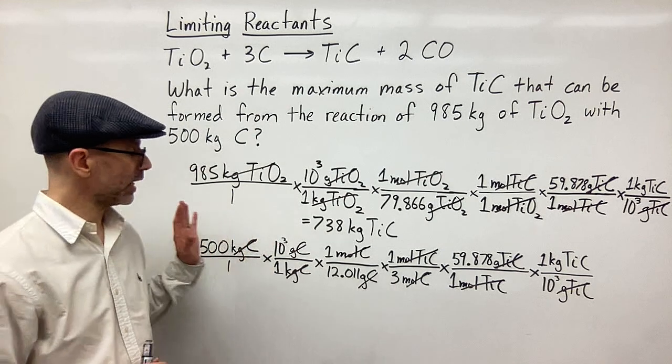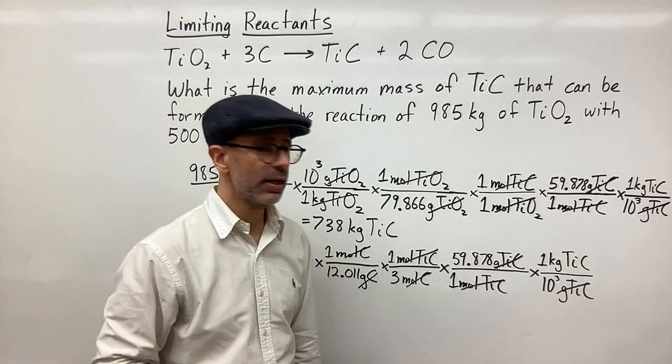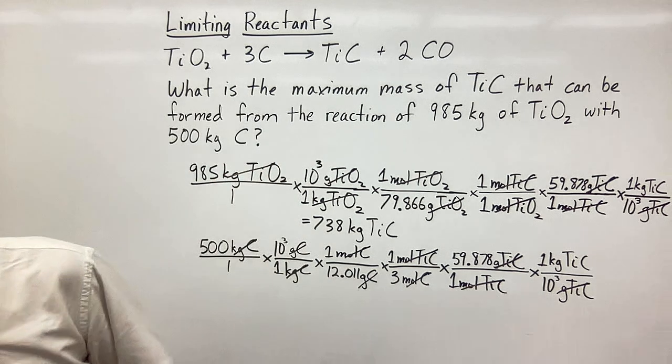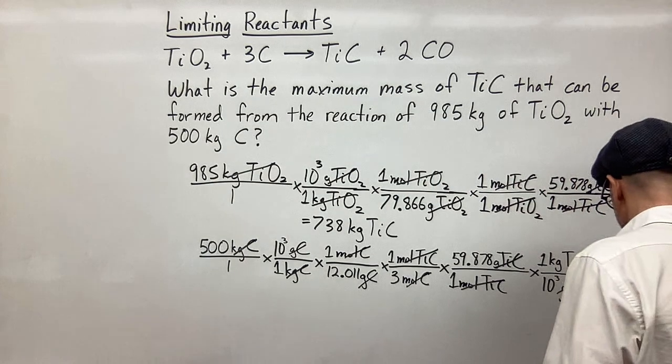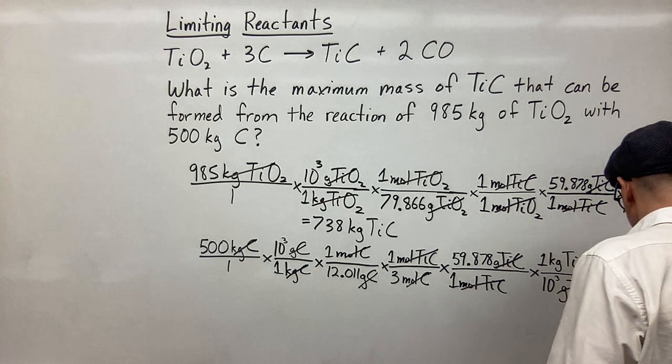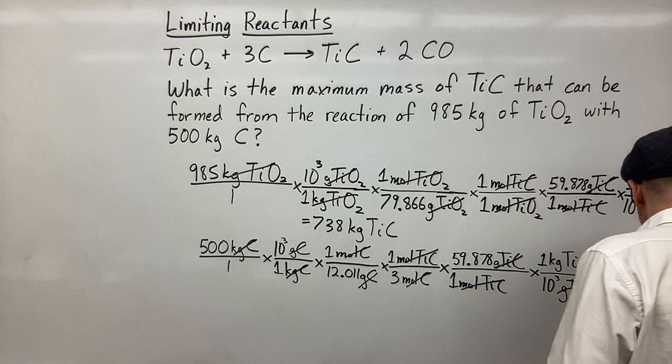Now I can multiply across the top, divide by everything on the bottom, and I get my answer, and that is 831. So this is equal to 831 kilograms of TiC.